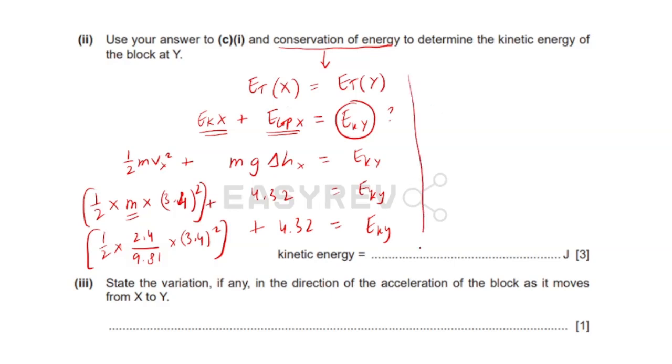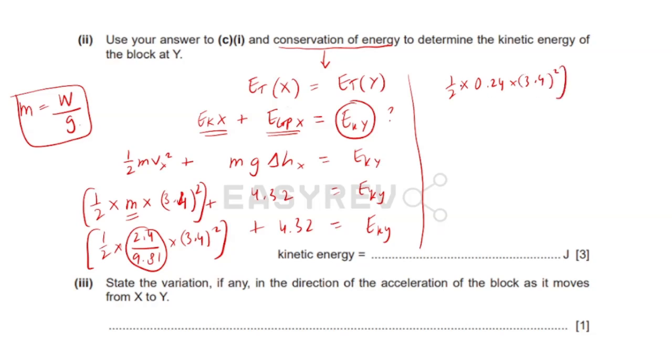I repeat, what I've done over here is basically replaced m with the weight of the object divided by the gravitational acceleration. So now it's just a matter of plugging everything into our calculator. And if we do that step by step, let's first find the mass, 2.4 divided by 9.81. That should give you half times 0.24 times 3.4 squared plus 4.32 as it is. Let's simplify things further.